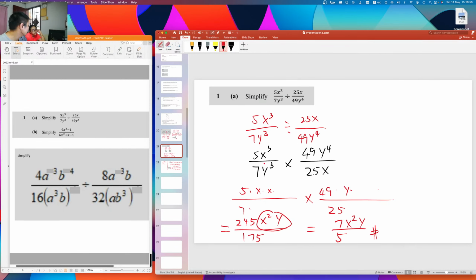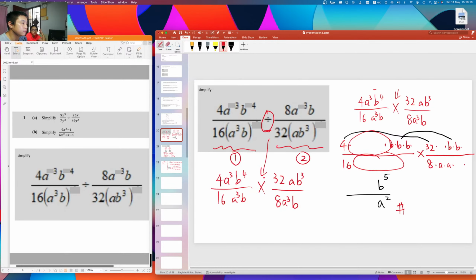You need to expand the numerator. That means you try to expand as much as possible.